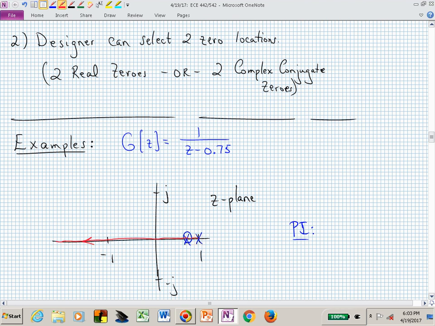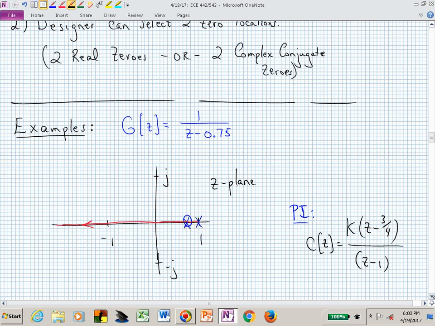So now my PI controller would be K times z minus 3/4 over z minus 1. And how would you pick K?